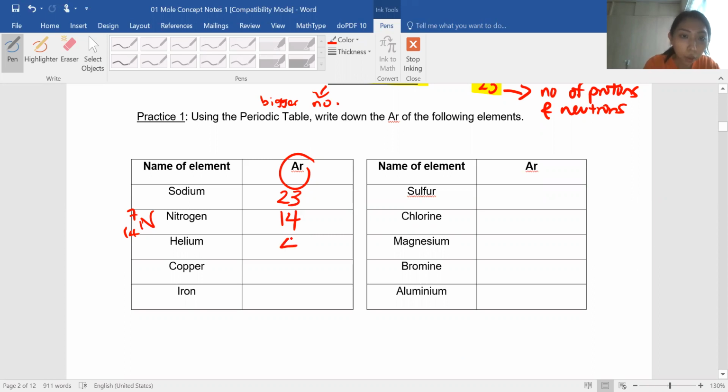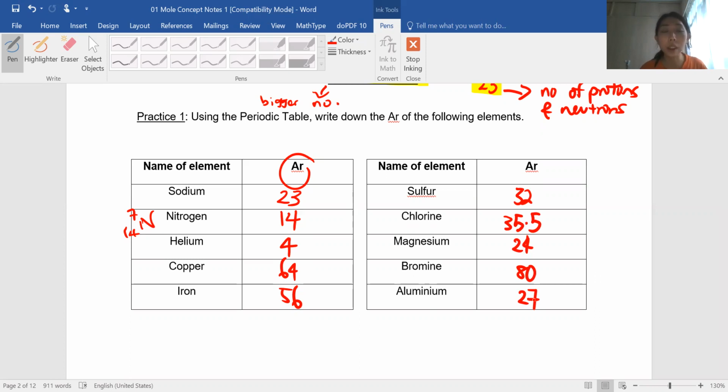Let me give you the answers for helium, copper, iron. Let's check. Do your corrections if you have gotten it wrong. I believe most of you should be able to find all these numbers from the periodic table. It's the bigger number. It takes quite long to find the elements from the periodic table. Don't worry, practice makes perfect.